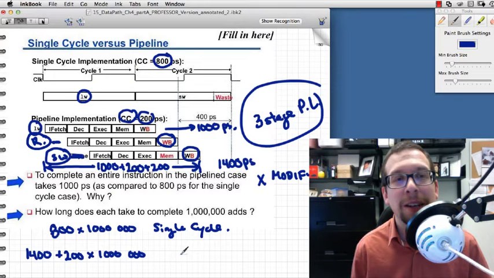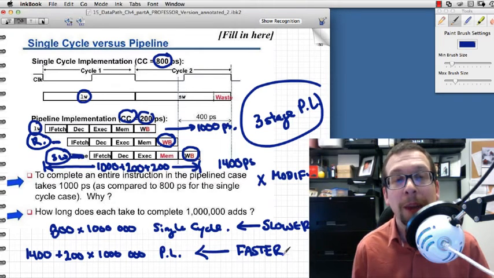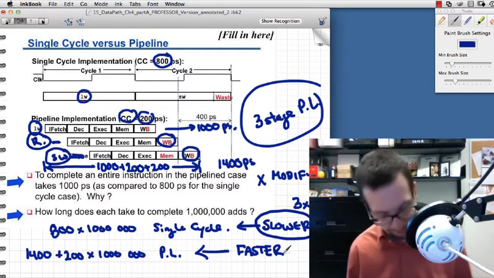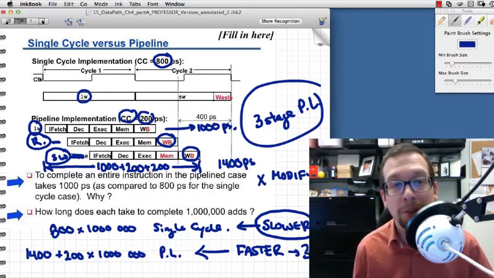Okay, and so you can see that in the end, for the pipelined version, this is going to be much faster to execute 1,000,000 instructions, and this is going to be slower. And how much slower? Well, effectively, after 1,000,000 instructions, it is a 3 times speed up. This is going to be a 3 times speed up in terms of the amount of executions that you can do per clock cycle. So it's actually really fast.